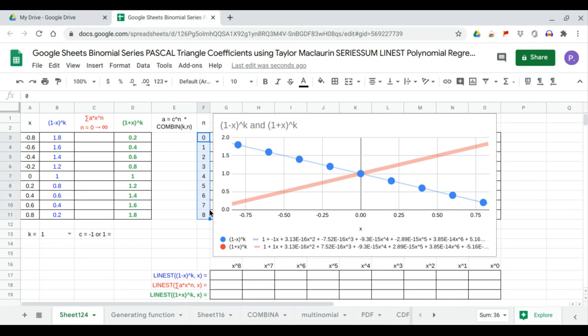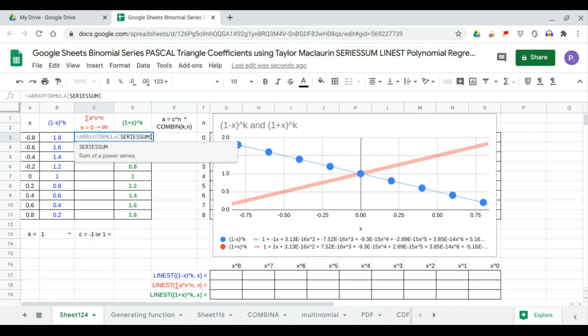But 8 is good enough. So we now complete the series sum. This is our formula, series sum of the x values starting from 0 and incremented by 1. And the coefficient will be this range.